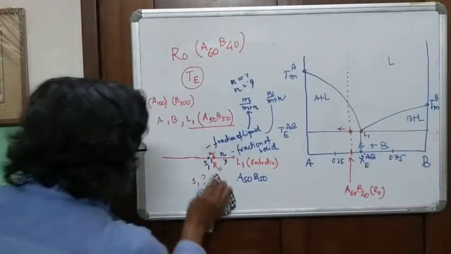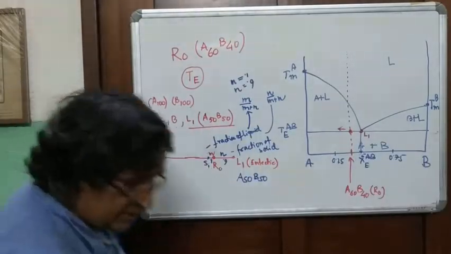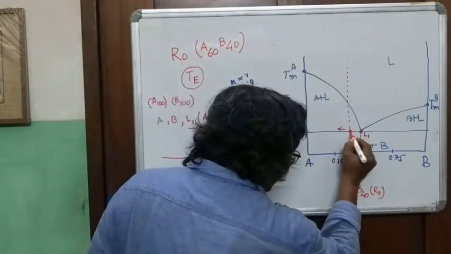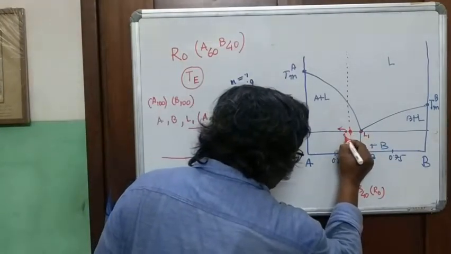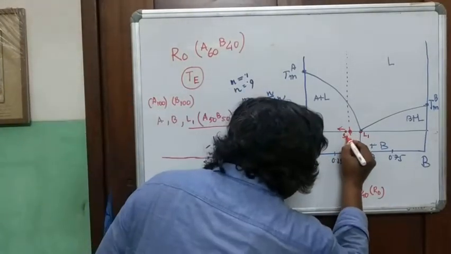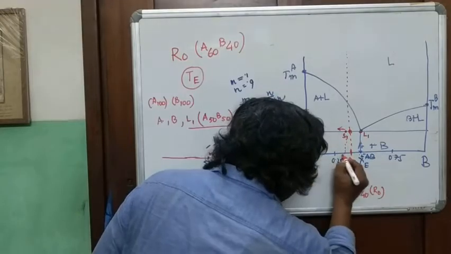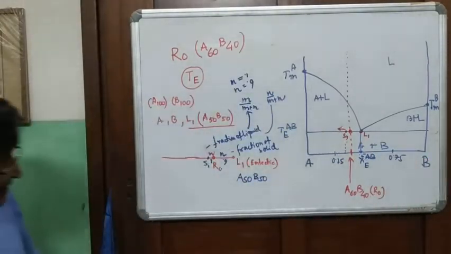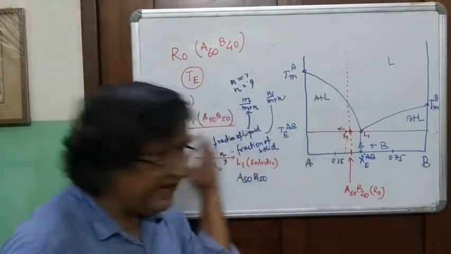So now you have L1, R0, and now your S1 is here. And this is the composition of your S1 in terms of A and B.